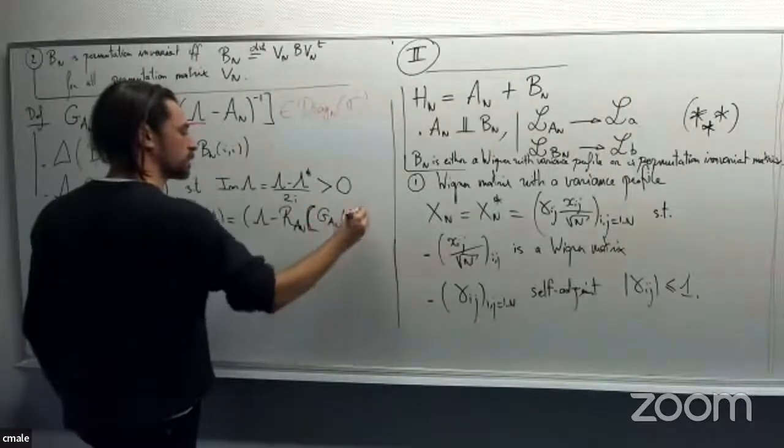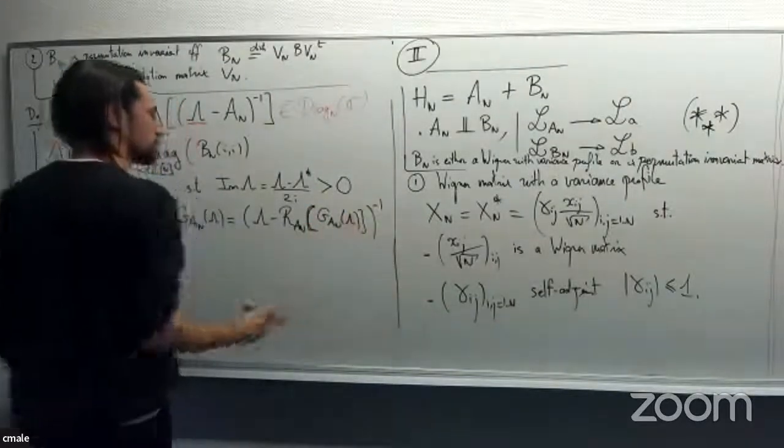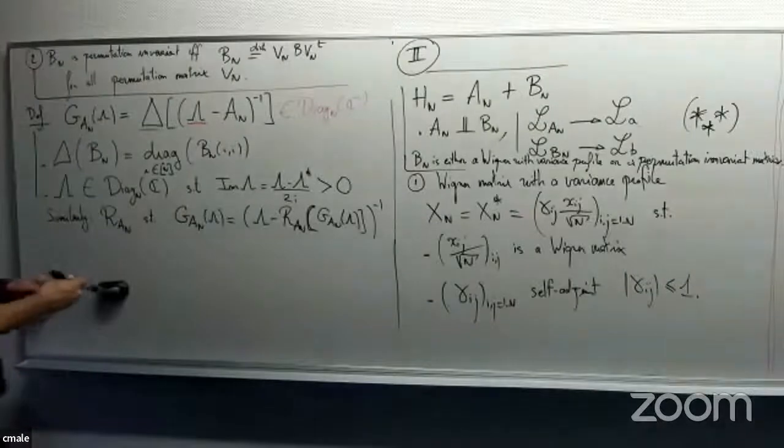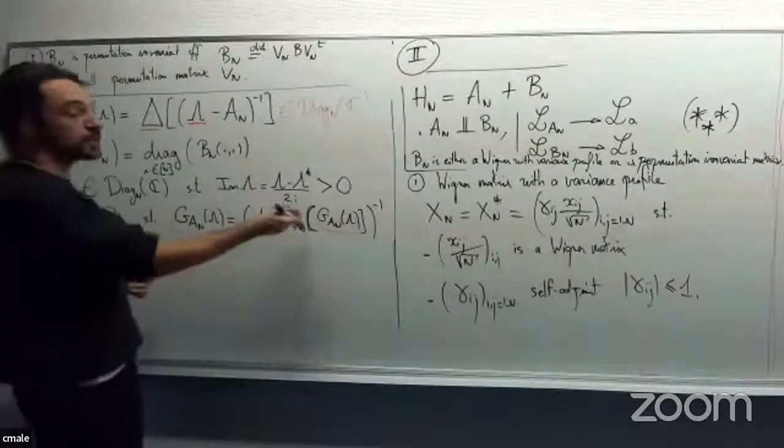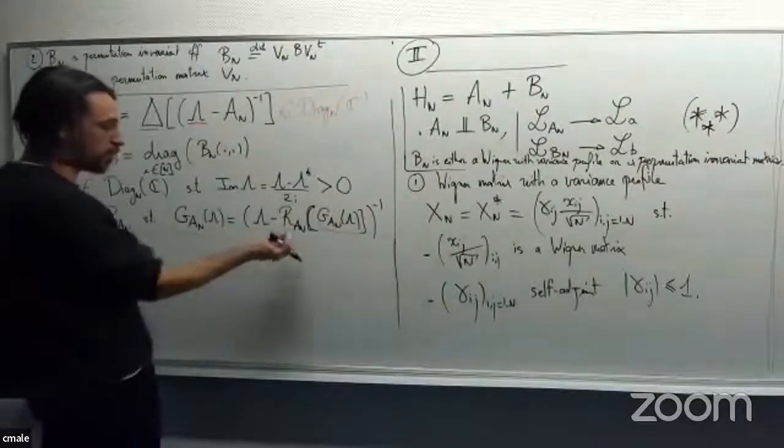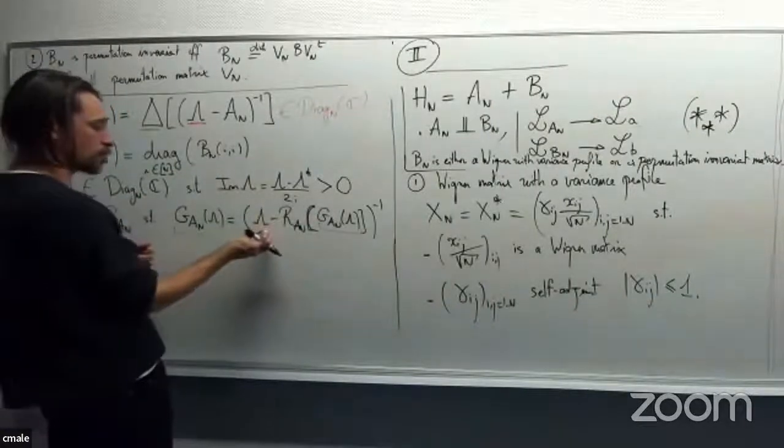So it's the same fixed point equation, but now I have only changed the nature of the objects which are involved. So it is another functional. It is somehow more general because it takes more general objects.